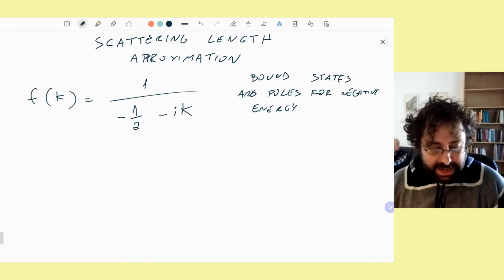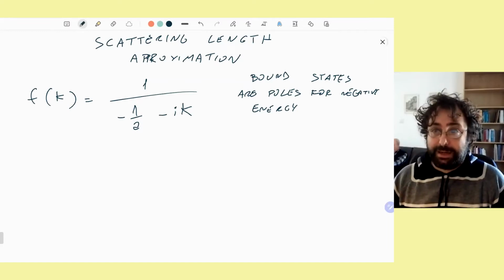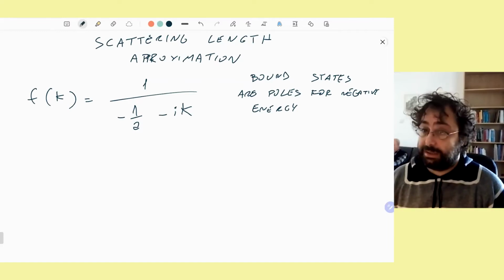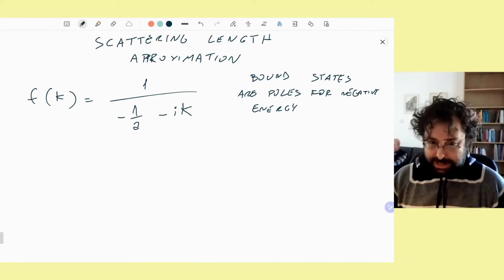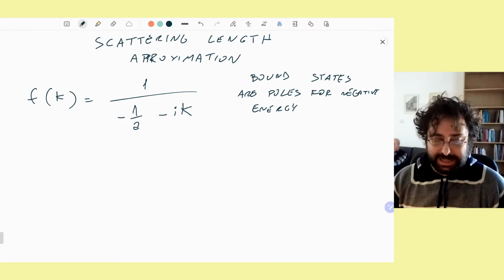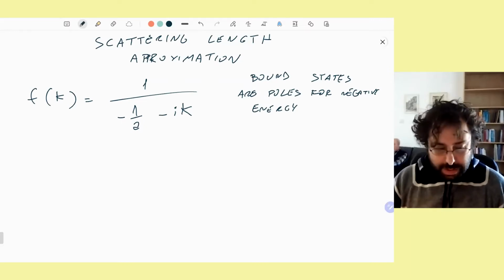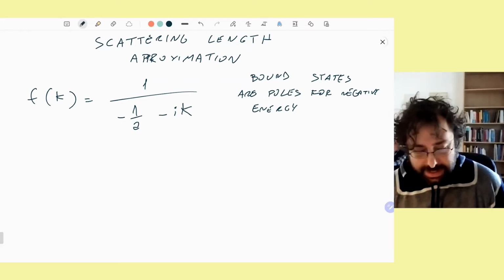It's a relation between the binding energies of these bound states and the coupling to the constituents, so how strongly these bound states couple to the channel we are considering.